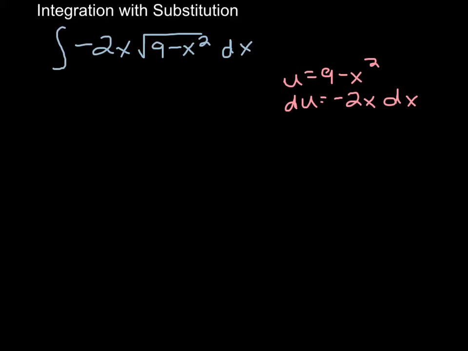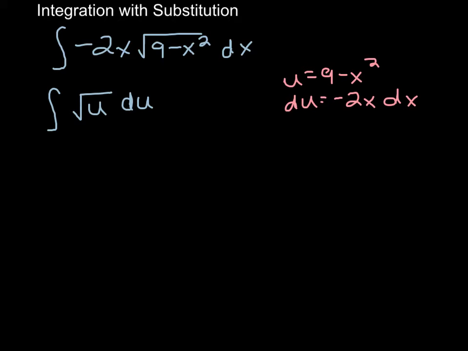So using that information, we can replace this stuff with the square root of u, because 9 minus x squared is u, so I'm going to plug in u for 9 minus x squared. And instead of writing negative 2x dx, I'm going to replace it with a du.